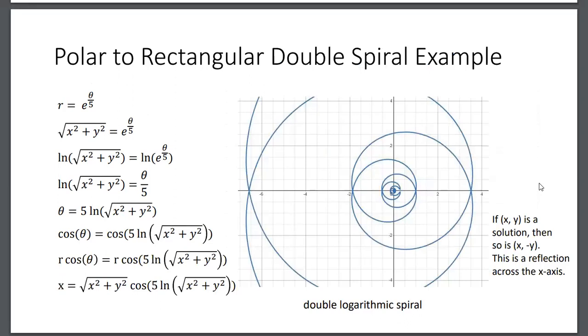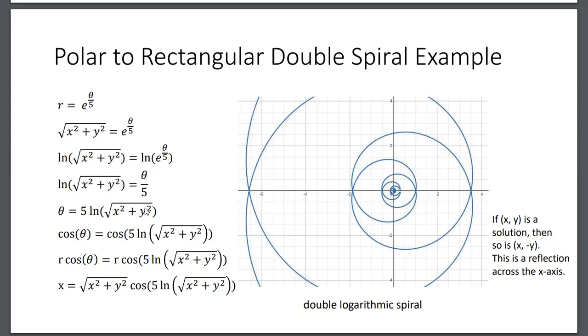An alternate example for that same conversion is interesting that we'll look at here. Beginning with r equals e to the theta over 5. Again, r is the square root of x squared plus y squared. Natural log of both sides, like before. These cancel out, they're inverses.